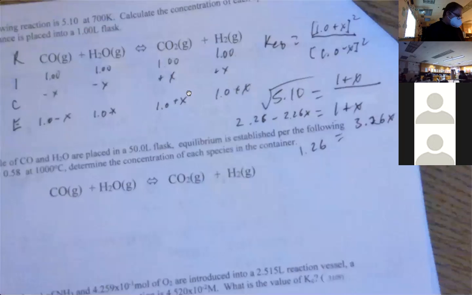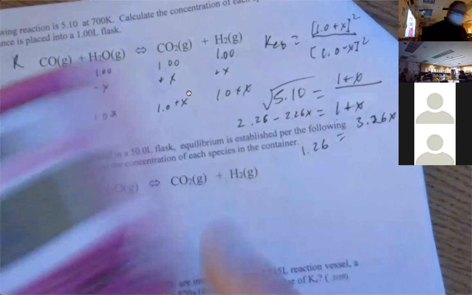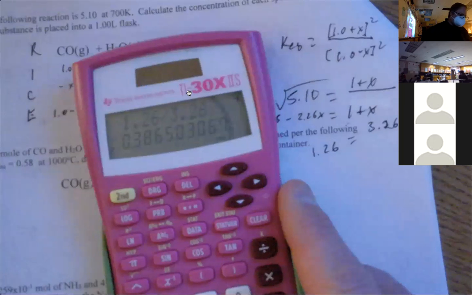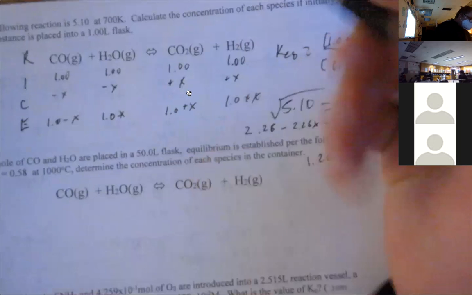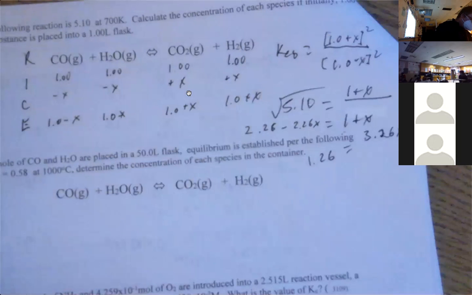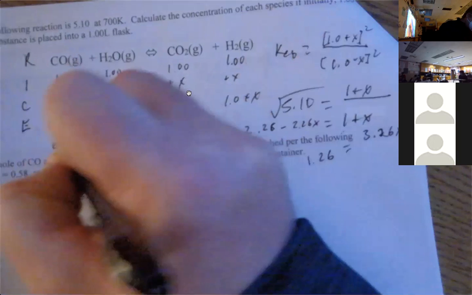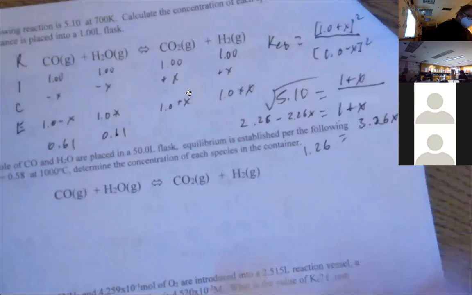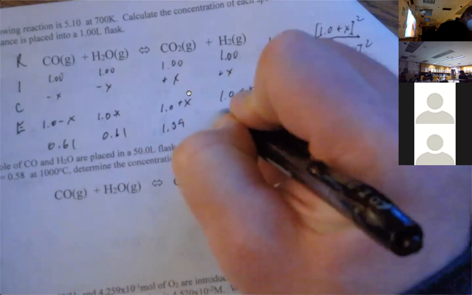Then we will take 1.26 divided by 3.26, and we get 0.387 or 0.39. So we will take 1 minus 0.39. That will give us 0.61 for each of these. And 1.39 for each of these.